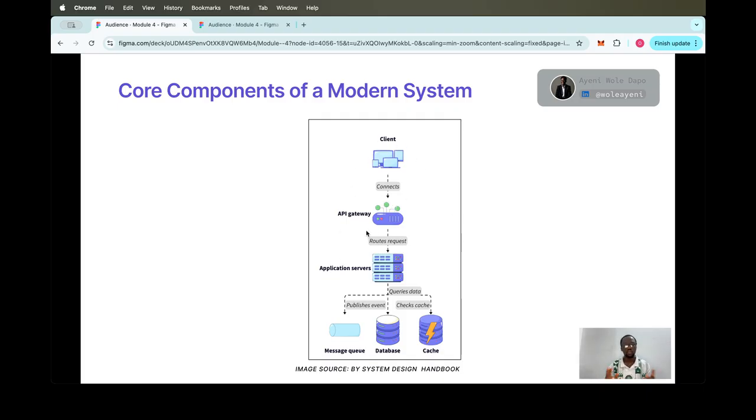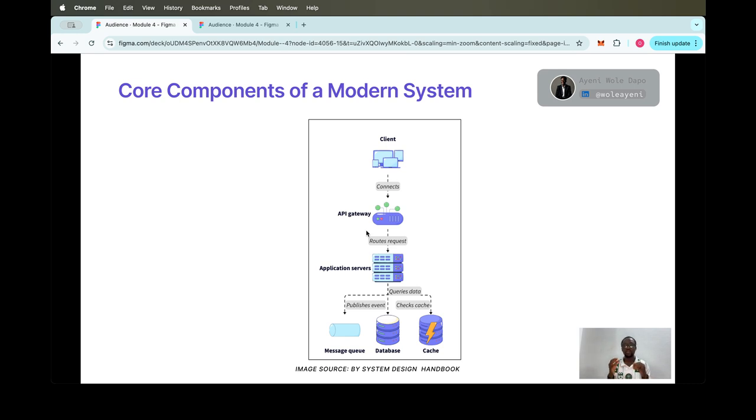This API gateway does two things. It can serve as a router. What I mean by a router is when the API gateway takes in requests, either from the API level or from the client level, it is able to understand what request it is handling, or what application server is able to handle this request. So it sends that request to the application server.